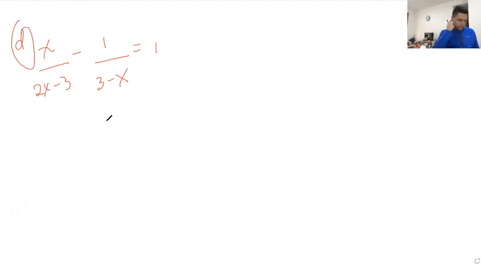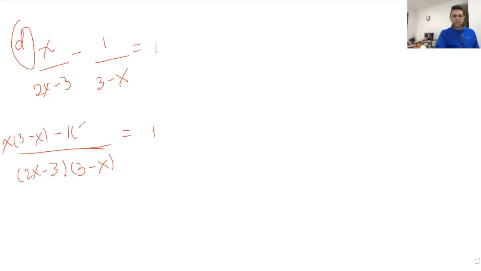And for me to be able to do that, I need to write them with the same denominator. All right, so the same denominator for that is going to be 2x minus 3 times 3 minus x. And then set it equal to 1. So I divide this by this, and I get 3 minus x times x. And then I divide this by this, and I get 2x minus 3 times 1.